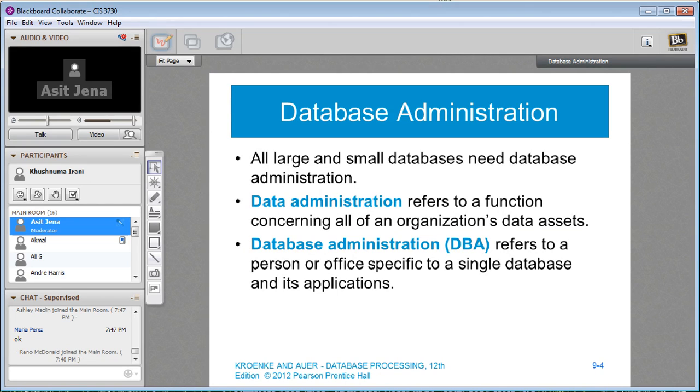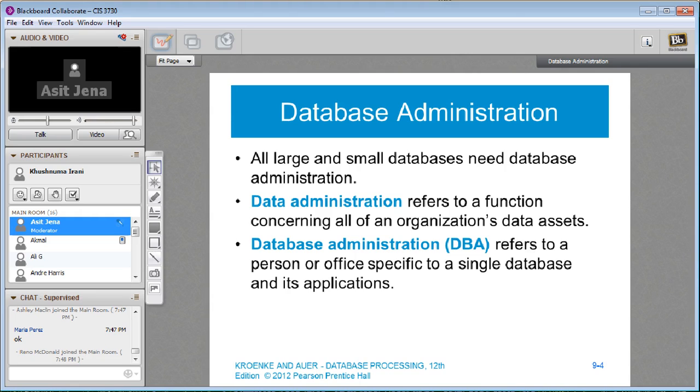Data administration refers to the function concerning all of an organization's data assets. So data administration basically means all the stuff that we have to do to keep the data safe and to make sure the database is reliable, safe, secure, and disaster proof.